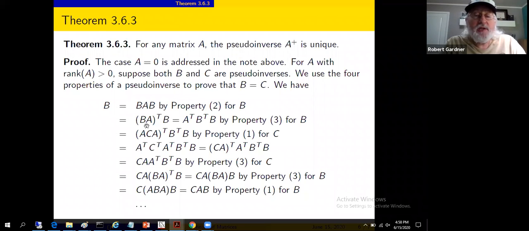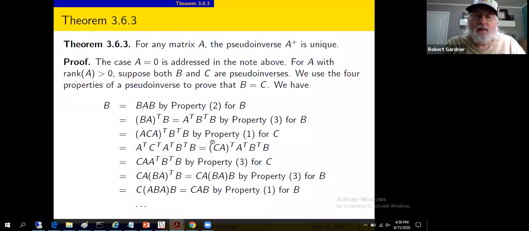We can take that transpose and apply it to the product the usual way, right? This is A transpose B transpose B. Let's see, matrix A can also be written as A, C, A. That's matrix times pseudo inverse times matrix equals matrix. That was the first property. We've hypothesized that C is a pseudo inverse.